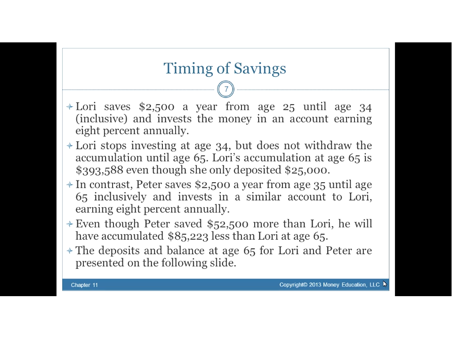So Lori saves $2,500 a year from age 25 to 34, so 10 years, and invests the money in an account earning 8% annually. Lori stops saving. She just saves for 10 years, but doesn't take the money out and just lets it grow until she retires at age 65. But Peter saves $2,500 a year from age 35 until age 65.